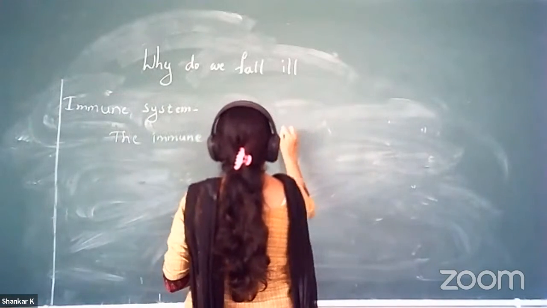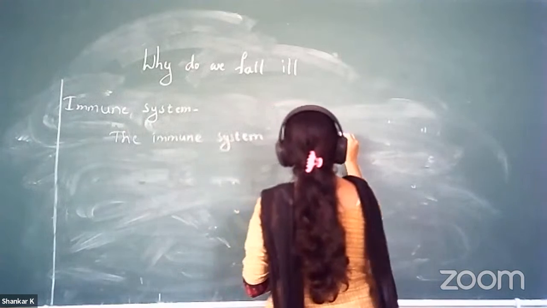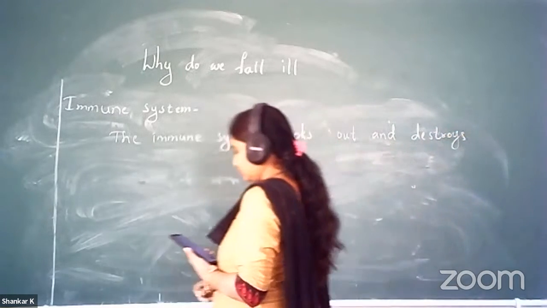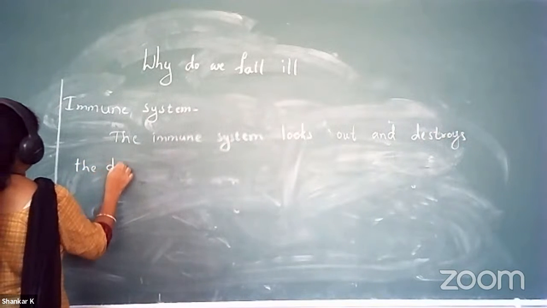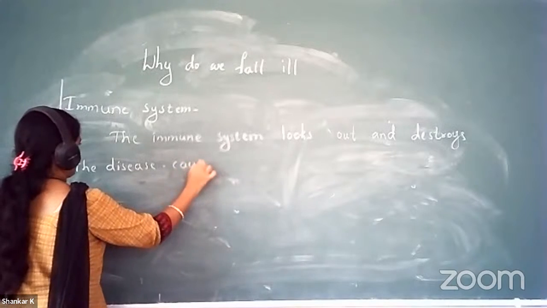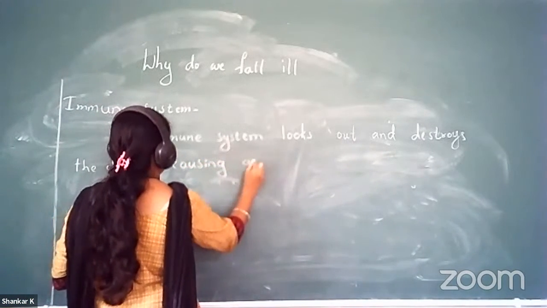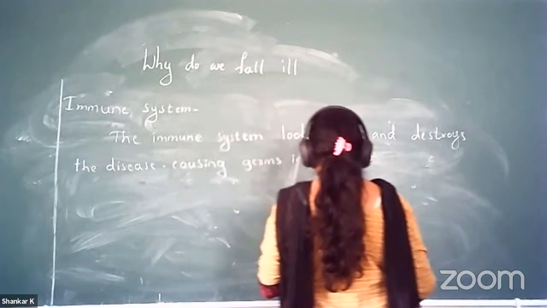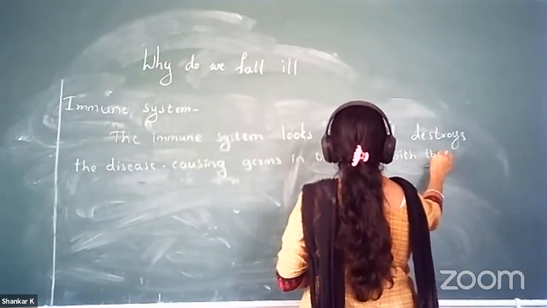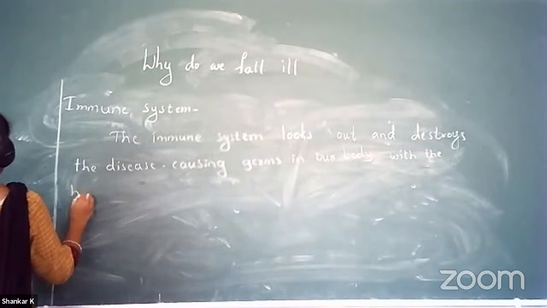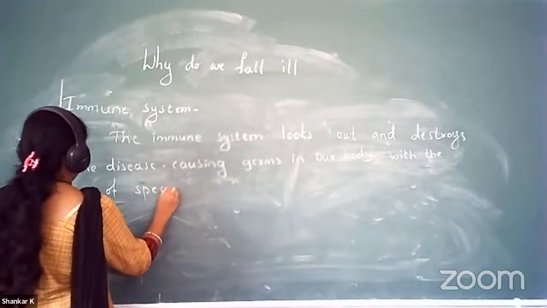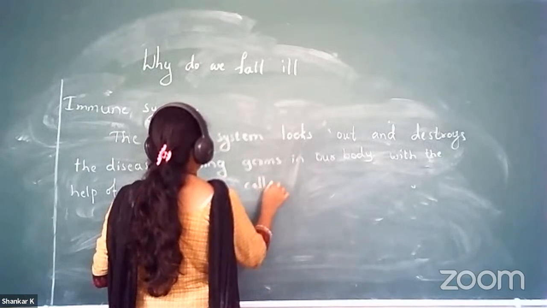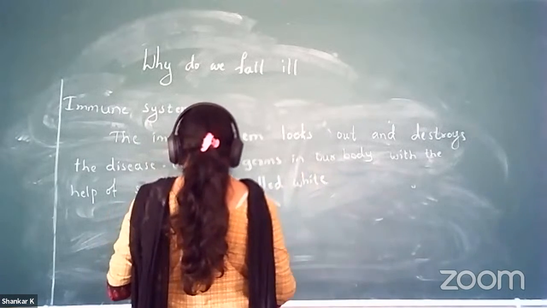The immune system looks out for and destroys the disease-causing germs in our body with the help of special cells called white blood cells.